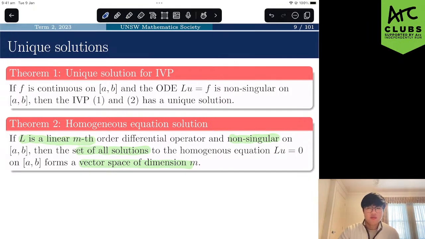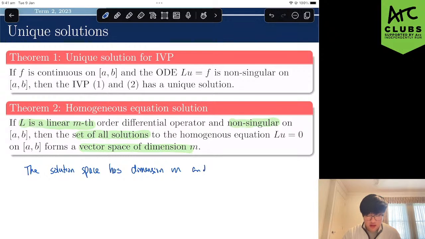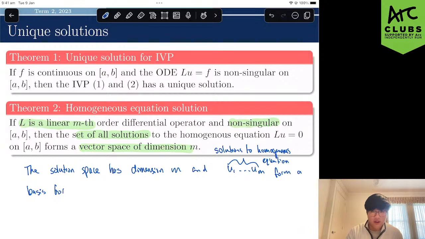What does this exactly mean? The solution space is just the set of all the solutions, or the space where all the solutions lie in. It has dimension m. And if U1 to Um are solutions to the homogeneous equation, then they form a basis for that vector space.